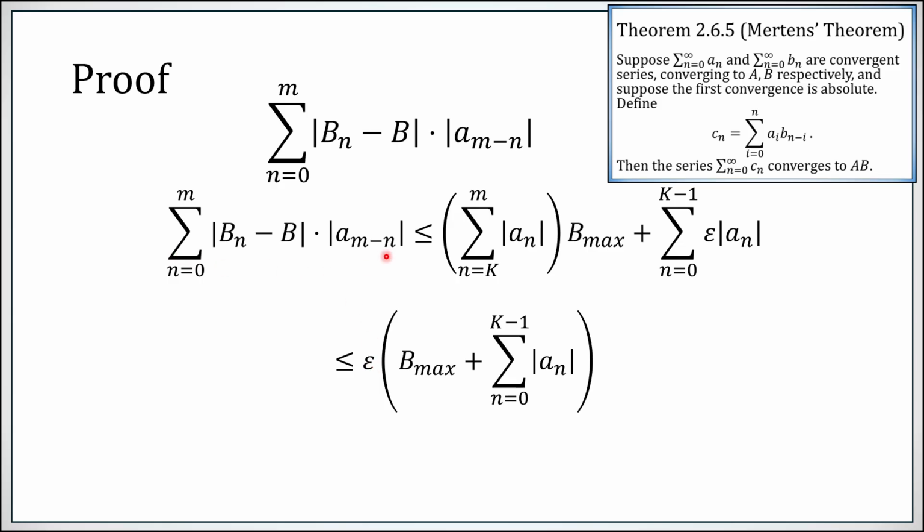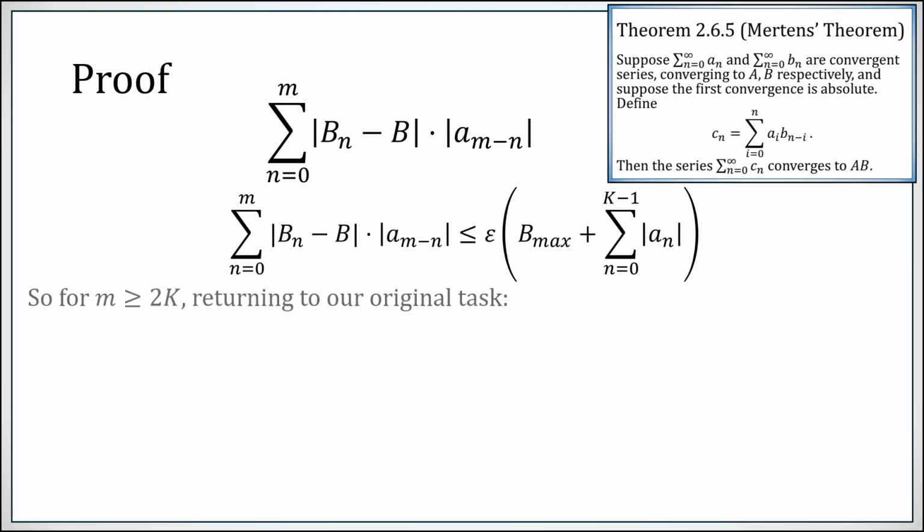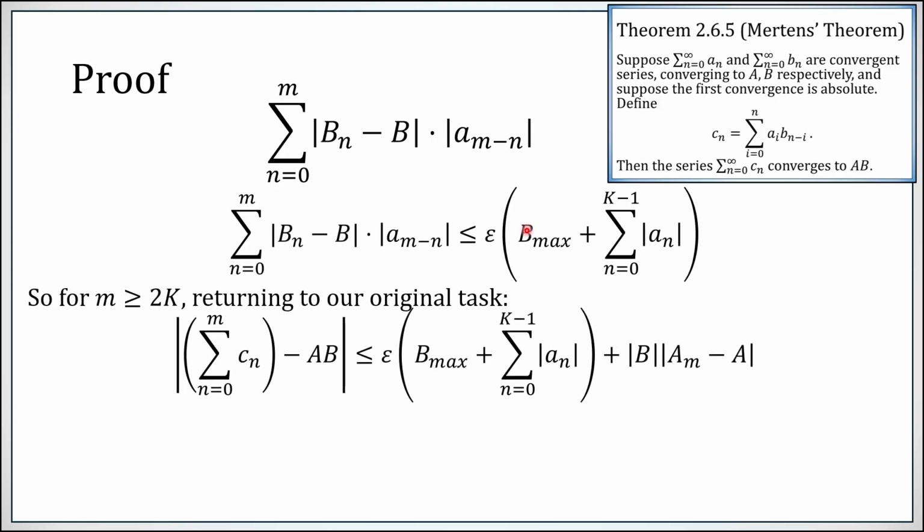So now the thing we needed to estimate is less than or equal to epsilon times a fixed constant times a partial sum of an absolutely convergent series, which means the thing we needed to estimate is no larger than epsilon times a constant plus the value of capital A. So introducing this term back into where we started with all of this, we get this epsilon times B max plus this sum plus this term over here.